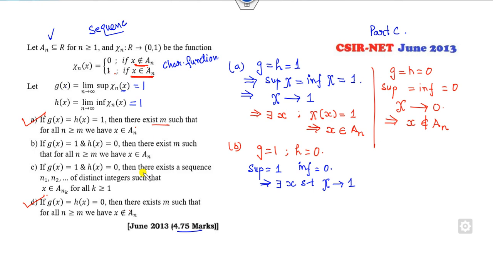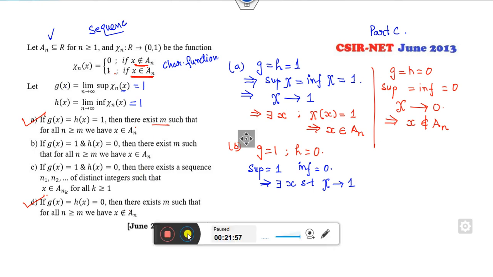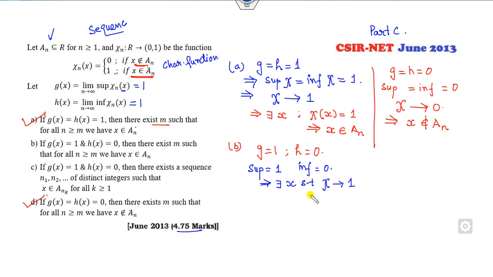How can you say that? When infimum and supremum are not the same, what is the meaning of that? This is not a continuous function. Fine, so this is correct. If this is not a continuous function, then we can prove by contradiction.